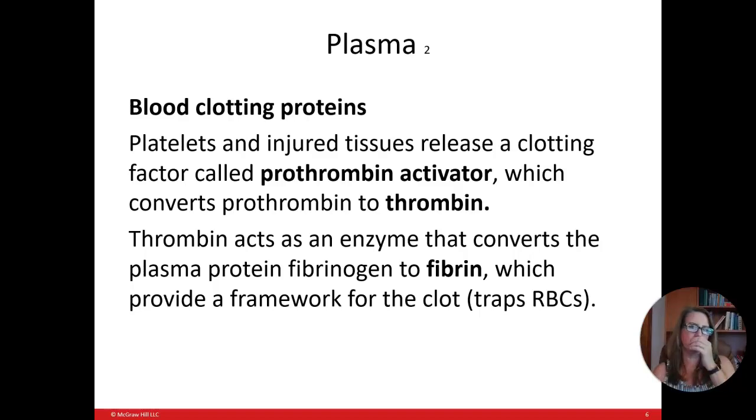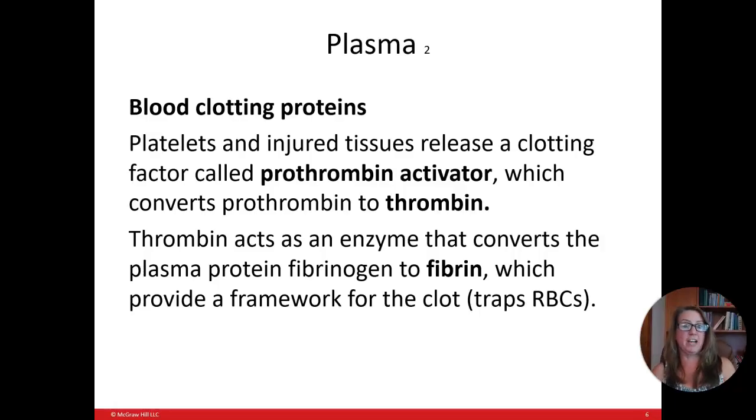So the clotting factor that really starts the cascade of events is prothrombin activator, and it's going to convert, as its name sort of implies, prothrombin into just thrombin. So that's the first thing. Prothrombin activator is going to convert prothrombin to thrombin. Then thrombin is going to act as an enzyme.